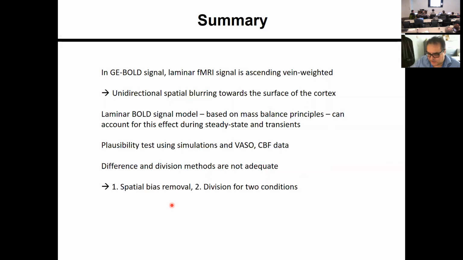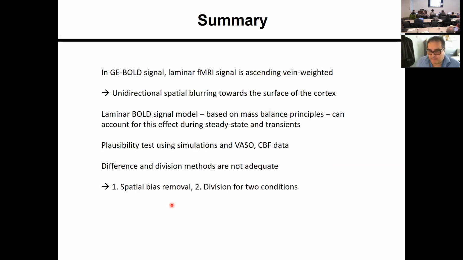With that parameter, you can control whether you have no increase or a large increase towards the surface. For gradient echo, the exact vessel diameter does not matter too much in this regime, but what's more important is the total blood volume, which is obviously related to the vessel diameter.